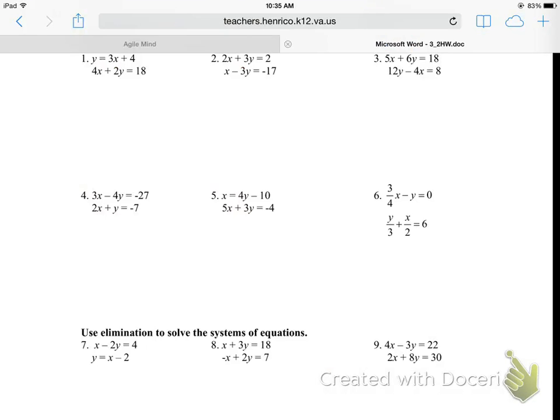We already had y solved for that variable. So I'm just going to take that and plug it in for y here. That'll give us the next expression to work with. So I have 4x plus 2 times, instead of y, I have 3x plus 4. That's all equal to 18.